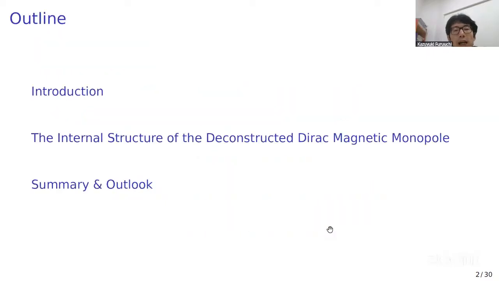So this is the plan. It's just a 30 minute talk. I'll give an introduction, then the internal structure of the deconstructed Dirac magnetic monopole, which is the main part of this talk, and summarize and discuss future directions.